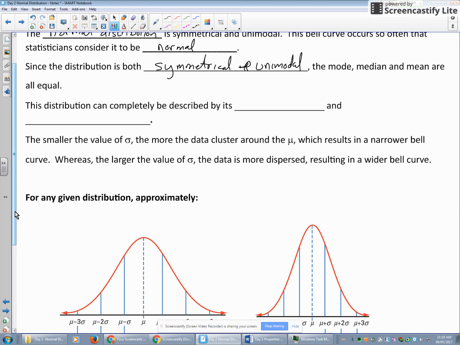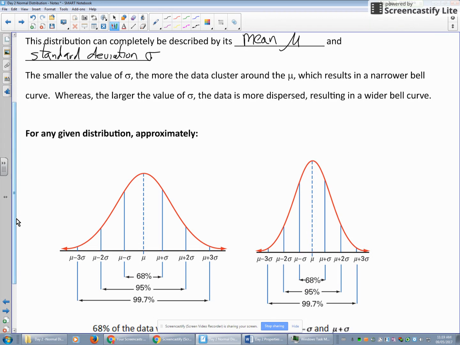This distribution can be completely described by its mean and its standard deviation. All right. So if we can calculate those two values, then we know all the information we need to know about the data, which is pretty remarkable if we have a normal distribution.